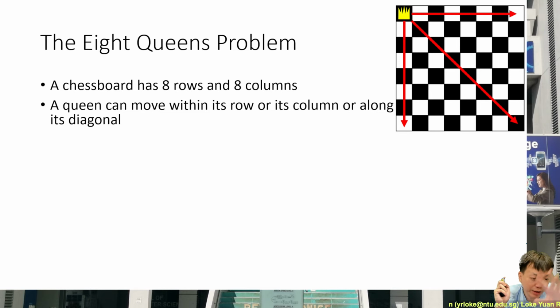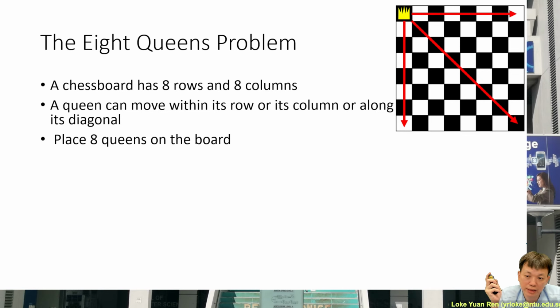That means if you put a queen at this top left corner, then you are not allowed to put any other queen in the same row, same column, and diagonally, because a queen can move. If you know how to play chess, you know that you can move horizontally, vertically, and diagonally. So you cannot put the second queen in this location.